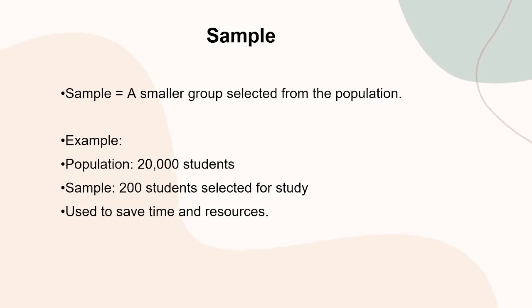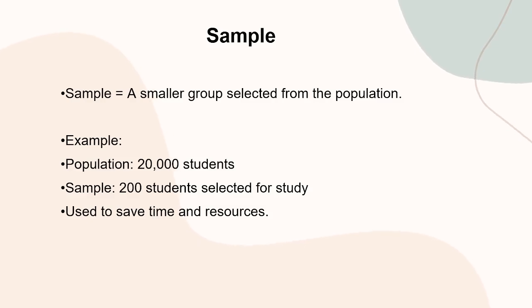Now imagine something. Suppose a university has 20,000 students. Is it easy to measure the height of every student? Probably not. So, instead, we choose a small group from that population. This smaller group is called a sample.